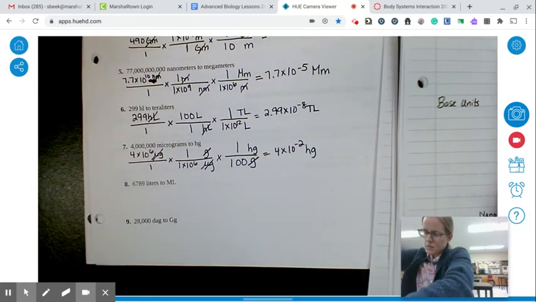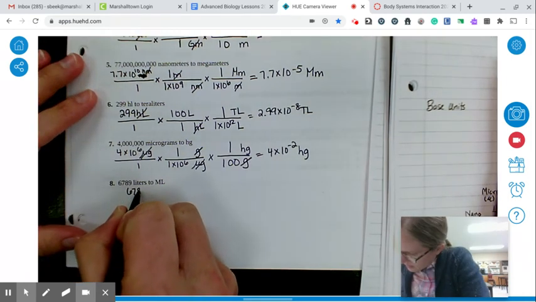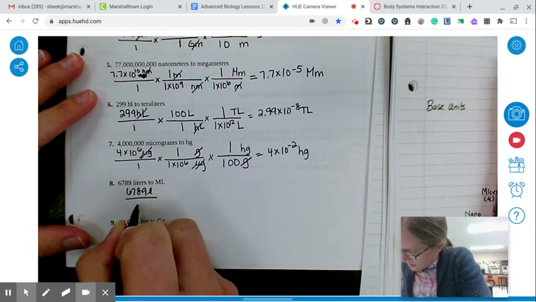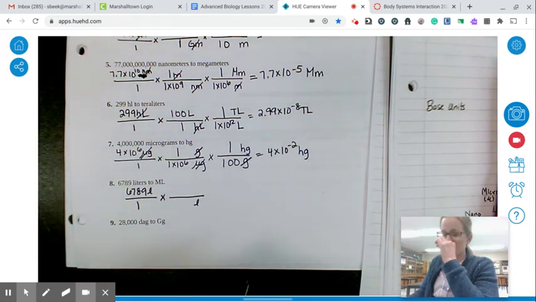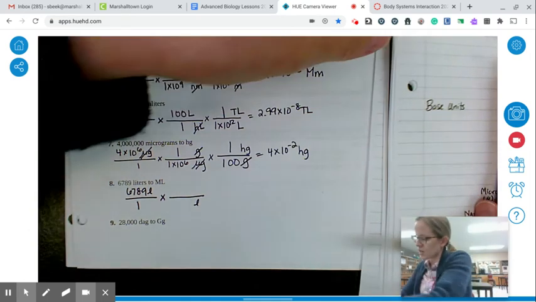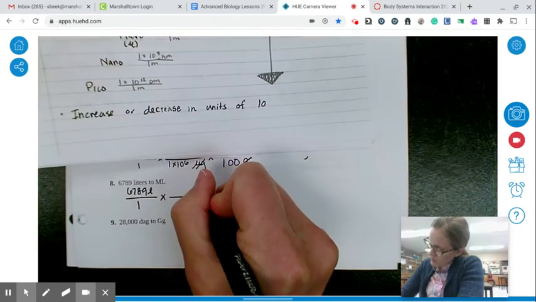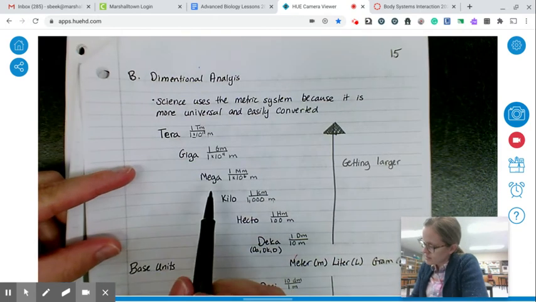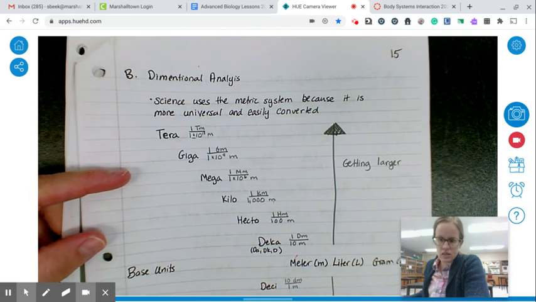Okay, my next one, I'm going to put my given on the top and then put it over 1 again. And then I'll put liters here. And this one's going to be easy because liters is already in the base unit. So that means I just have 1 step. I just have to look up megaliters. And 1 megaliter is 1 times 10 to the 6 liters.